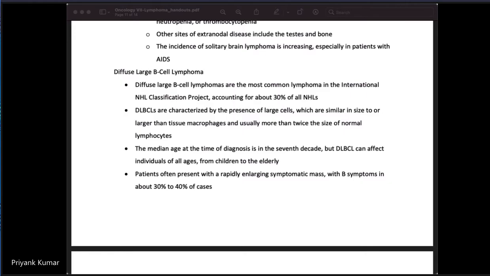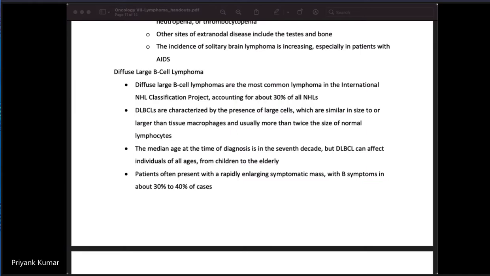Up till now, what we have seen are the drugs that would target the markers, so these are targeted drug therapy. We have also talked about conventional chemotherapy. Now, diffuse large B-cell lymphoma is treated with a very new type of therapy that is in development. Actually, it's in clinics now.